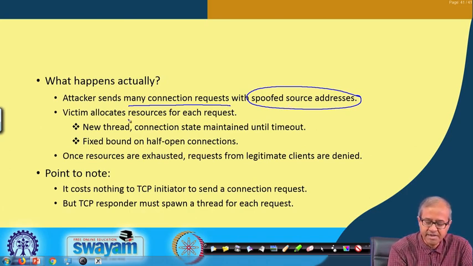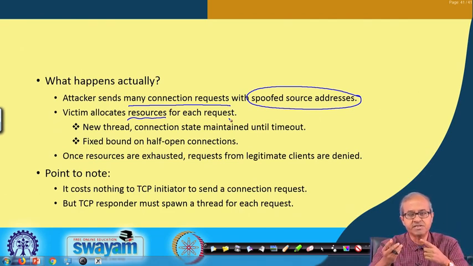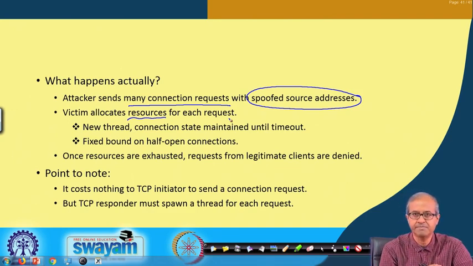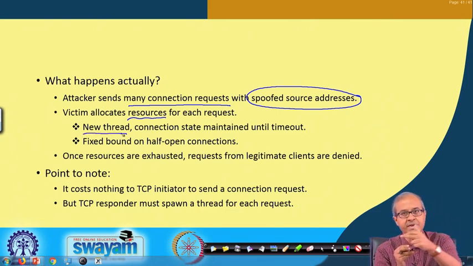The victim will allocate resources for each request, because these are TCP connection requests. Temporarily, some information has to be maintained in a buffer or a table. A new thread also has to be created, because each incoming TCP connection request has to be handled by a separate thread.